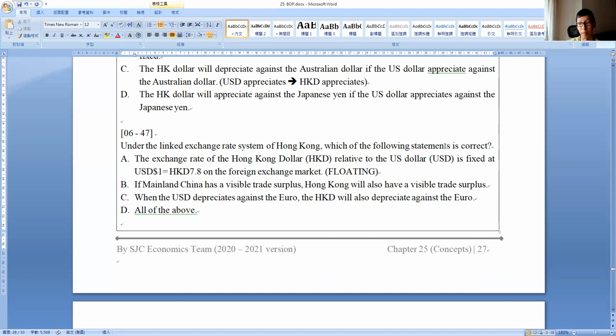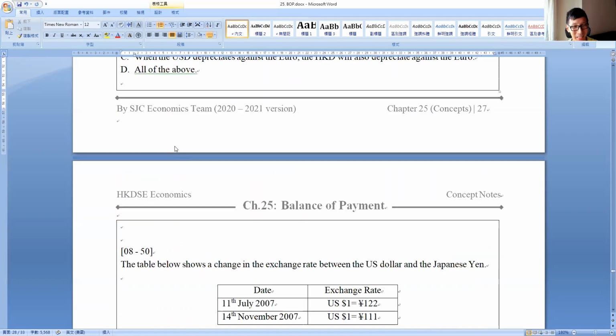Again, I just talked about this. Exchange rate has very little, I'm not saying irrelevant, but very little to do with balance of payment. So you cannot conclude anything about balance of payment. So the answer would be C. USD depreciates, Hong Kong dollar also depreciates. Yes, they follow the same direction. Very easy, right? Not difficult. So next one.